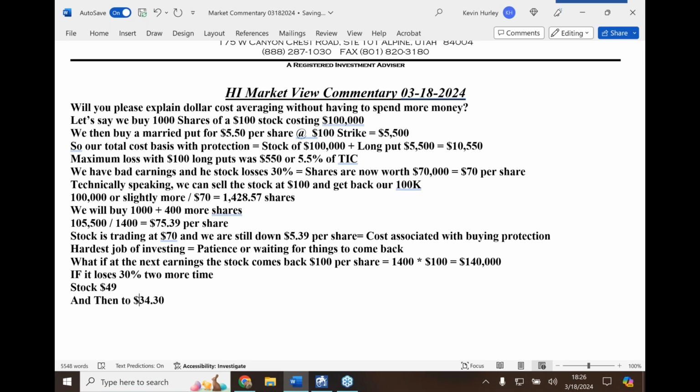You already know you're going to gain about 40% more shares of stock. So if it goes down to $49 a share, 1,400 times 1.4, you're going to be somewhere around 1,900.